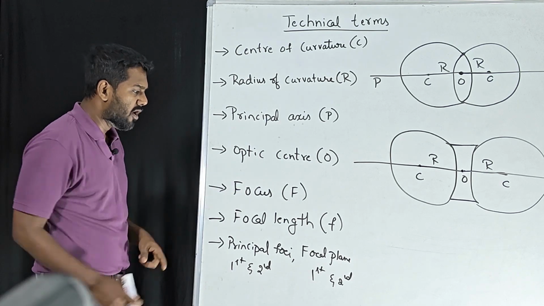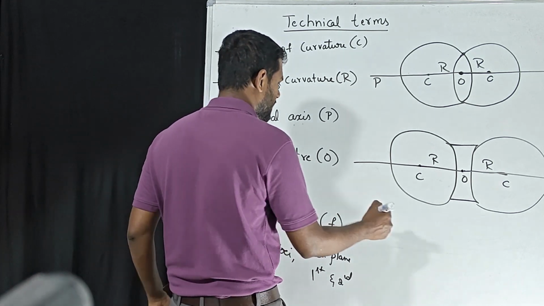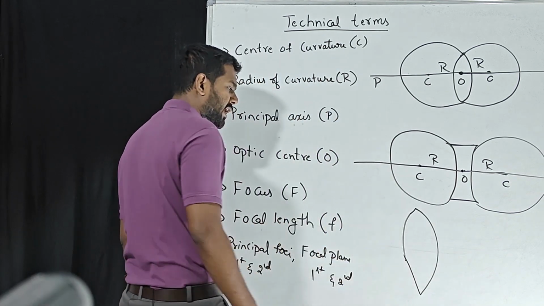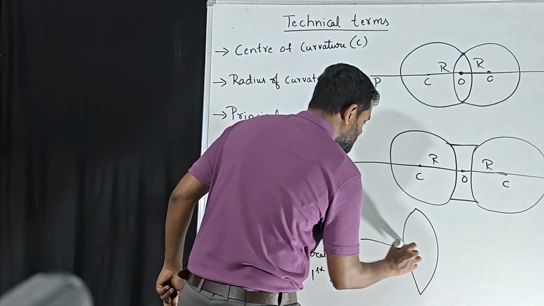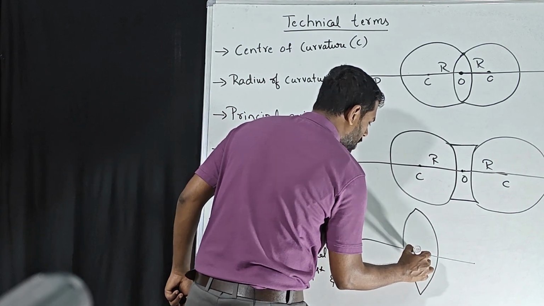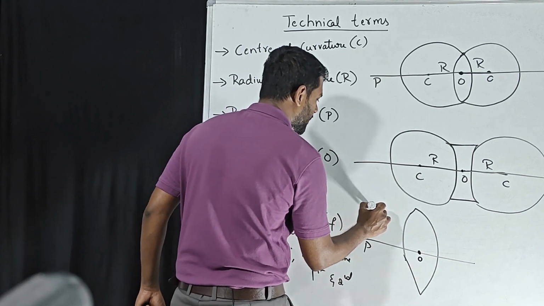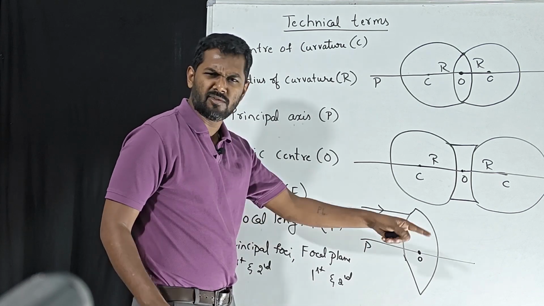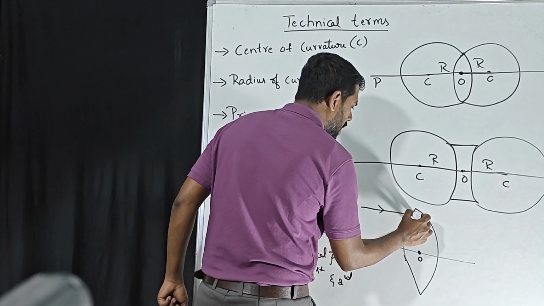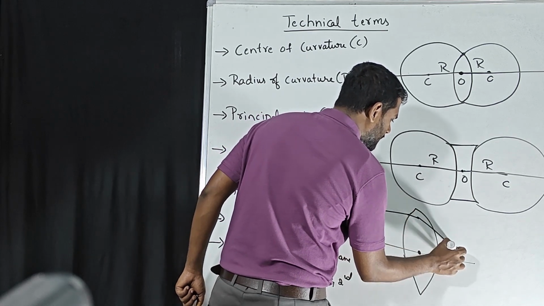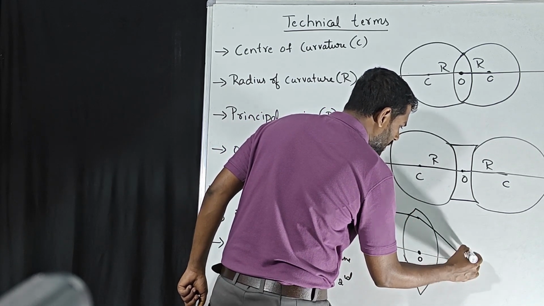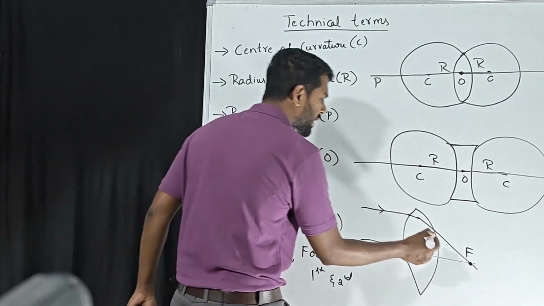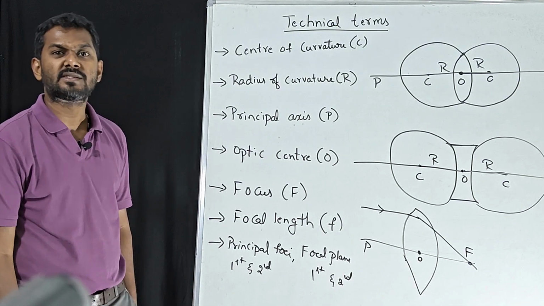Next, focus. Focus is nothing but, listen, take an example of a lens, and this is the principal axis and this is the optic center. Whenever a ray is incident, whether it is parallel to the principal axis or anywhere, the point where it crosses the principal axis is called the focus.